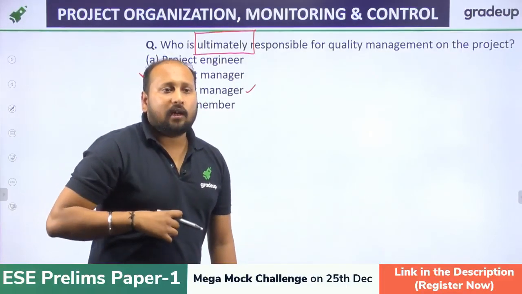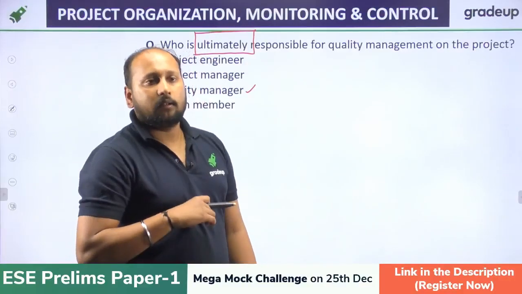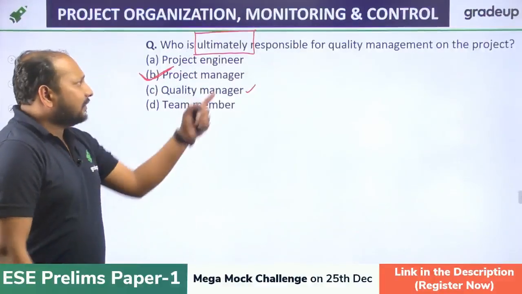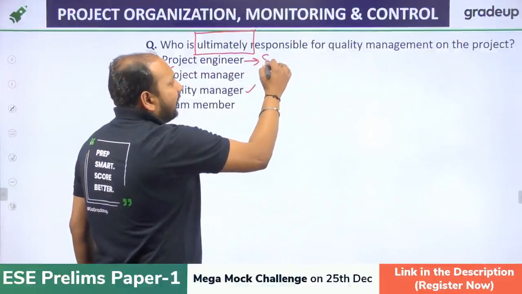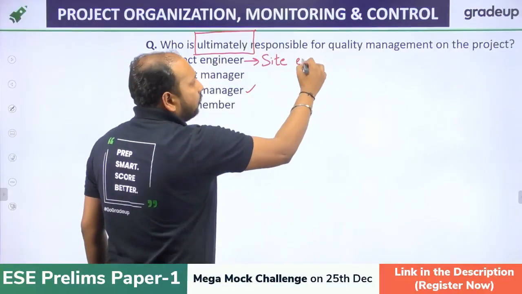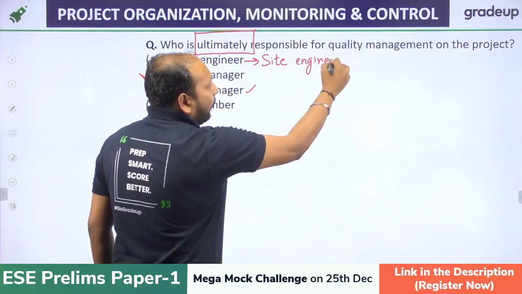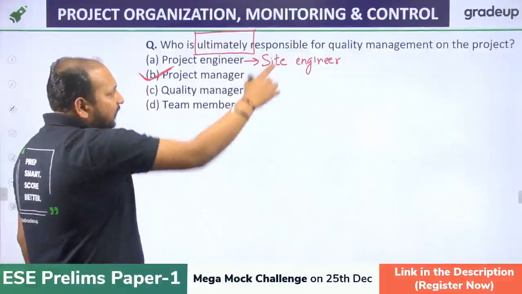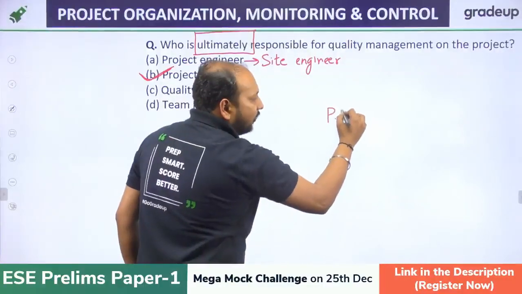Sridhar, I hope you are late for the okay, fine. Project engineer is like a site engineer. We can say the site engineer. If you want to see the hierarchy, it will be like project manager.